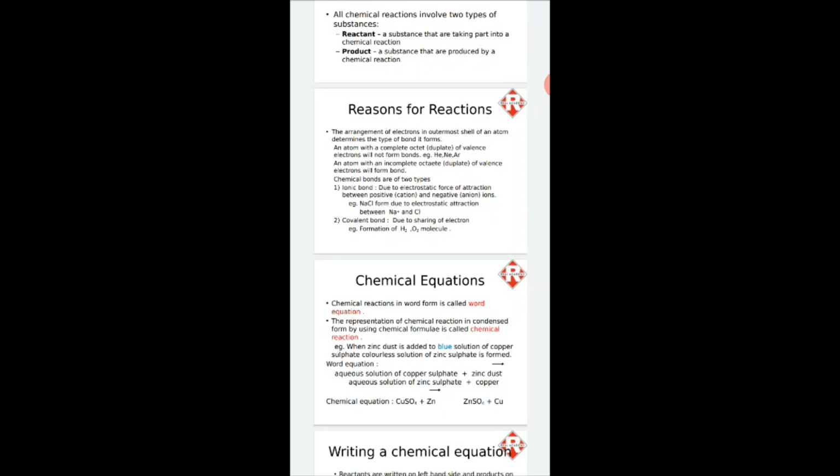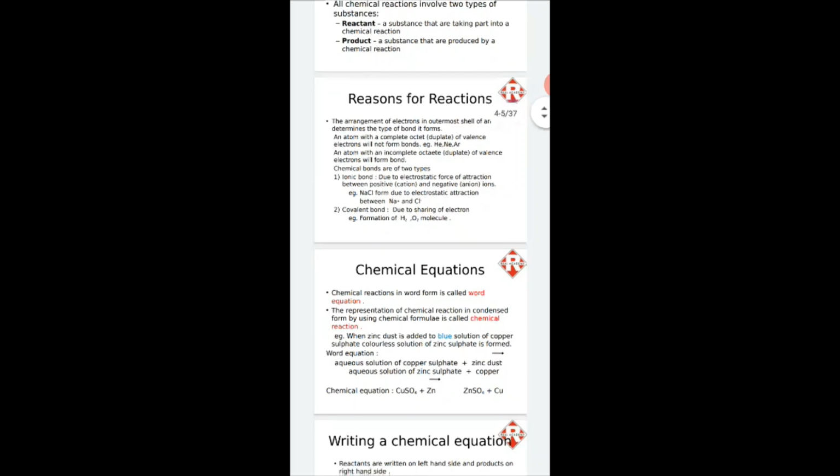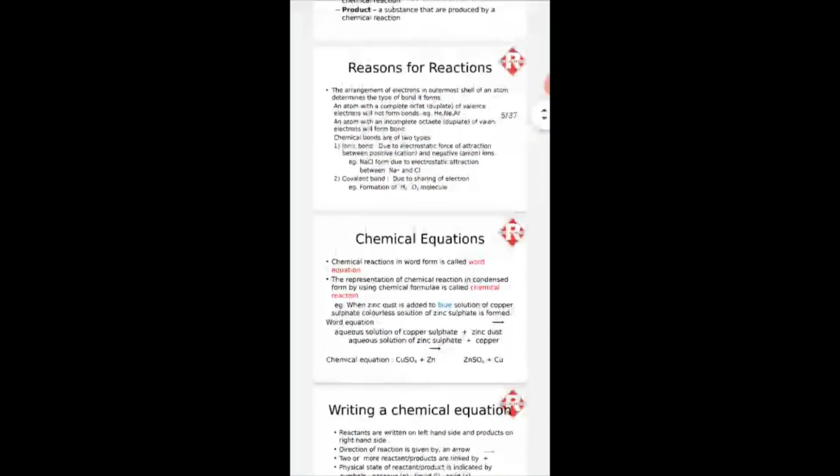But some elements do not donate, gain or share electrons. They have already completed their octet as well as duplet state, so they are called inert gas elements. An atom with a complete octet or duplet state of valence electrons will not form a bond.